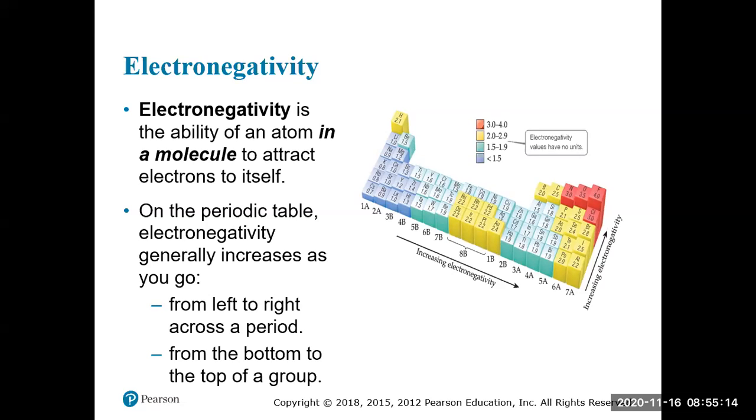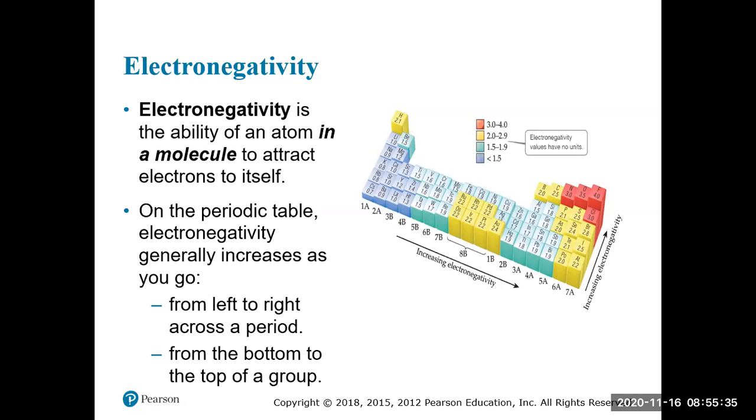The ones in the bottom left-hand corner are the least electronegative. So, especially in this upper right-hand corner, remember that fluorine is the most electronegative, and oxygen, nitrogen, chlorine, those four are the most electronegative elements.